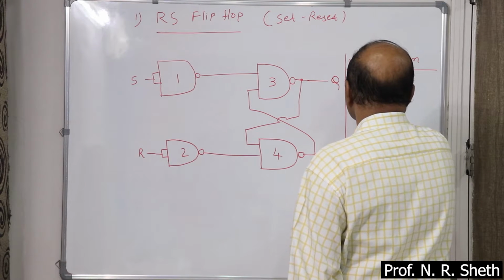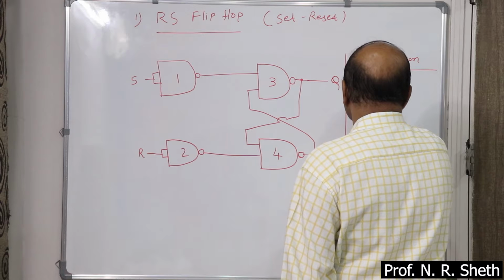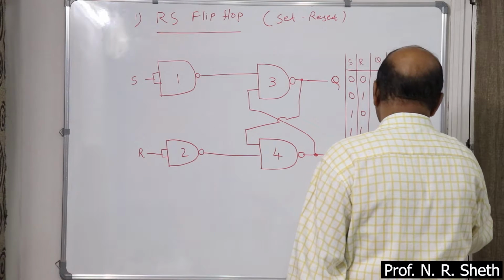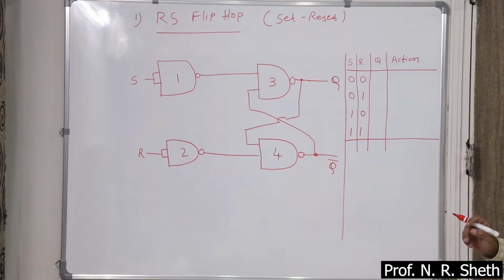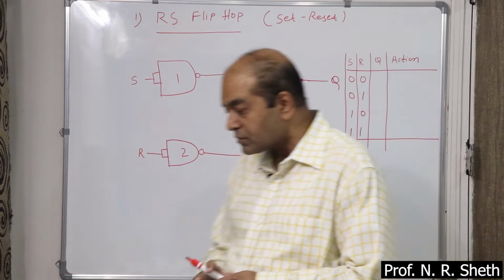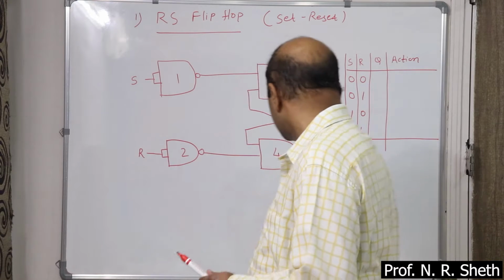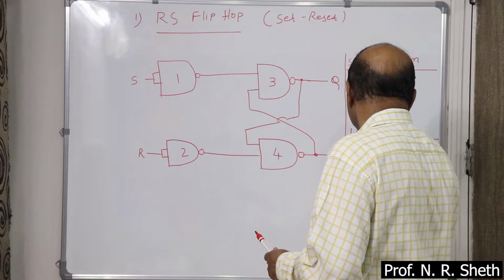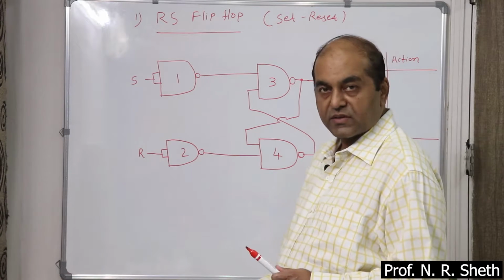You know that 2 inputs means we have 4 different cases: 0, 0, 0, 1, 1, 0 and 1, 1. Okay. Now one by one we are going to discuss different cases.